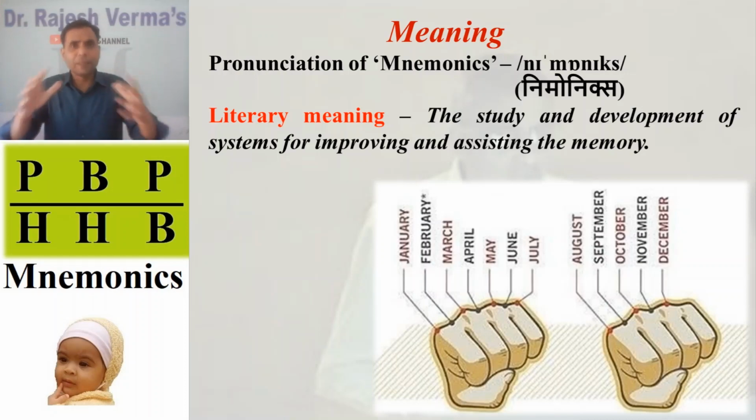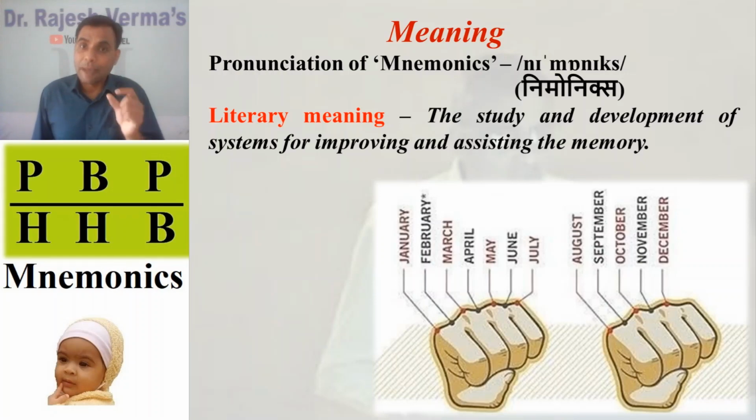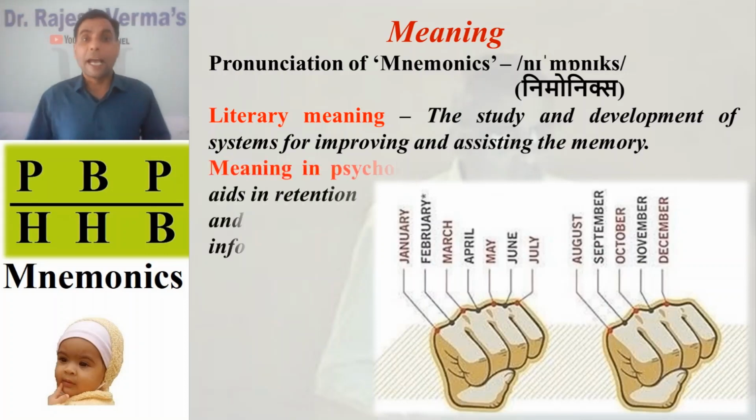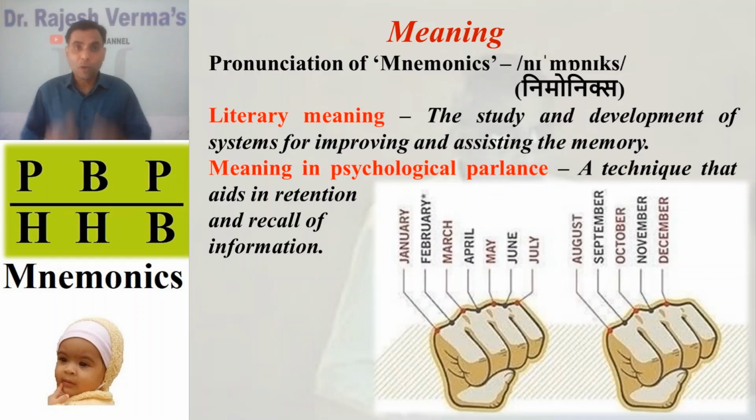The literary meaning of mnemonics is the study and development of systems for improving and assisting the memory. So this is the point here. These devices, these techniques, they improve and assist your memory system. So that was the literary meaning. As far as psychology is concerned, what does it mean?